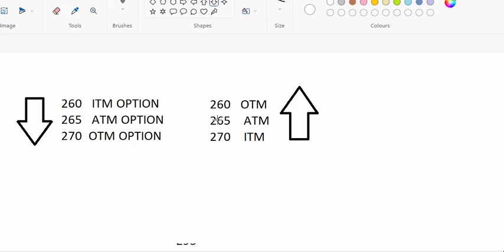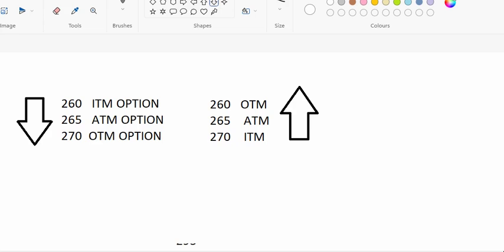So when the market is at 265, from the put side, of course 270 has already been surpassed. They already passed that point, and now they're working towards 265, 260, 255, 250, something like this.